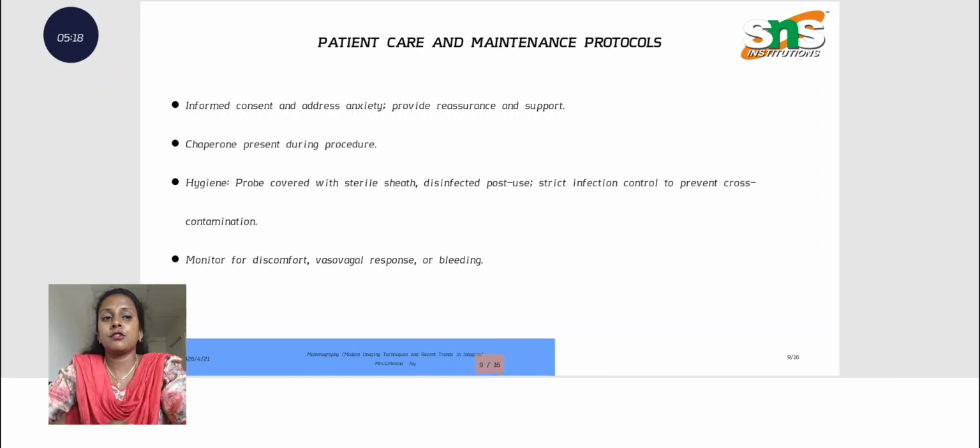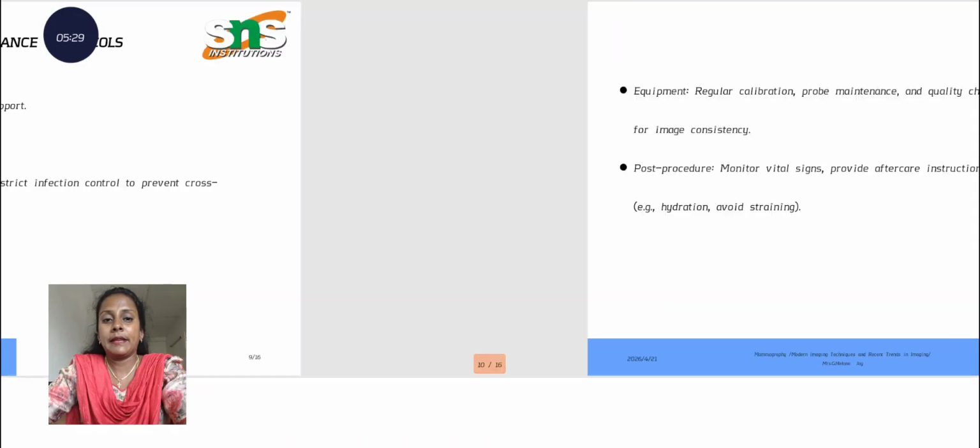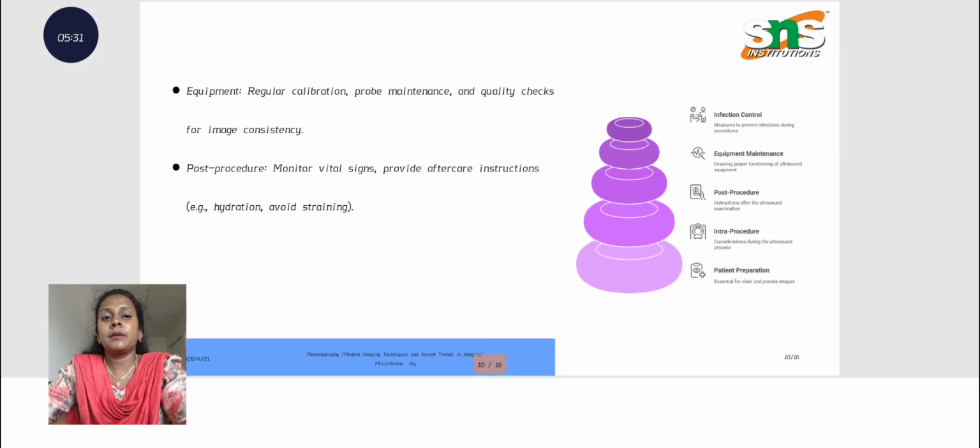Strict infection control should be maintained to avoid cross contamination. We have to monitor the patient for any discomfort, vasovagal response or bleeding. For equipment, we have to regularly calibrate, maintain the probe, and keep up quality checks.